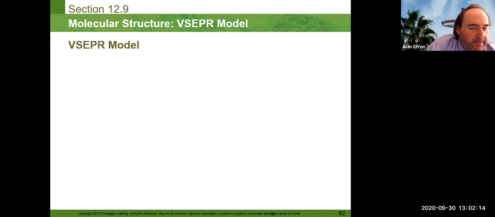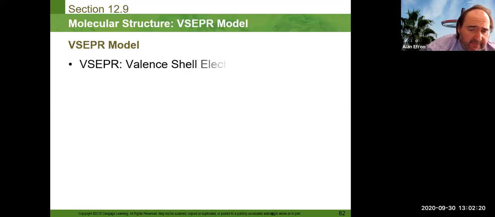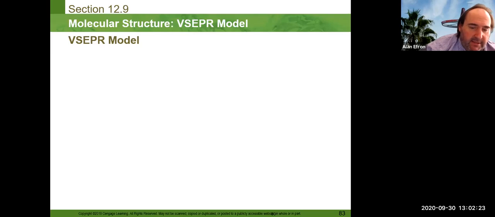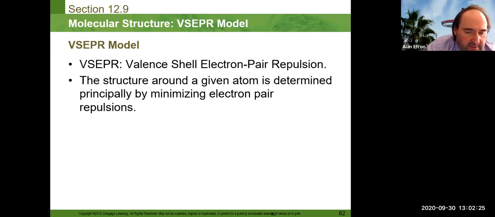Okay, so what we're going to talk about now is geometry or molecular geometry, which is known as VSEPR. That's, again, valence shell electron pair repulsion model, which is why they abbreviated it. We can use our Lewis structures to predict the geometry. There's going to be 2 types of geometry we're going to talk about.